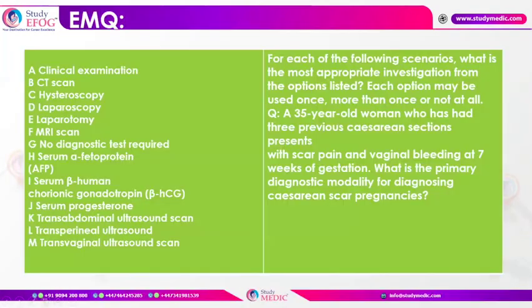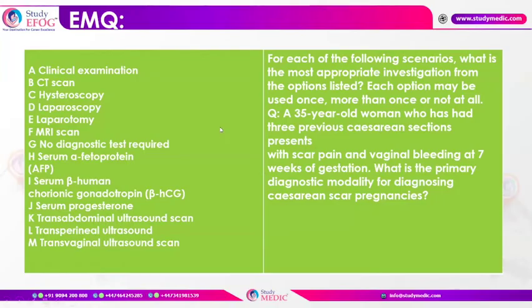Let's solve this question now. A 35-year-old woman who has had 3 previous cesarean sections presents with scar pain and vaginal bleeding at 7 weeks of gestation. What is the primary diagnostic modality for diagnosing cesarean scar ectopic pregnancy?